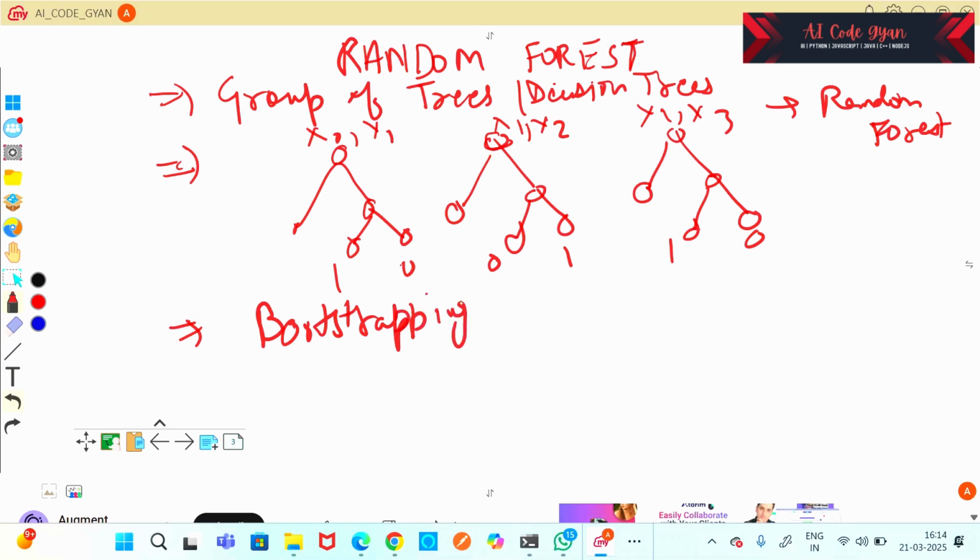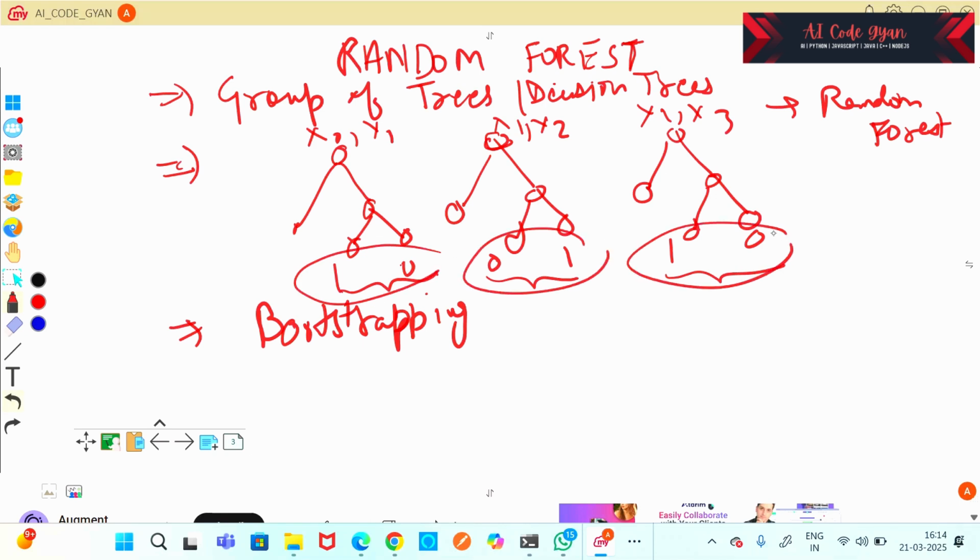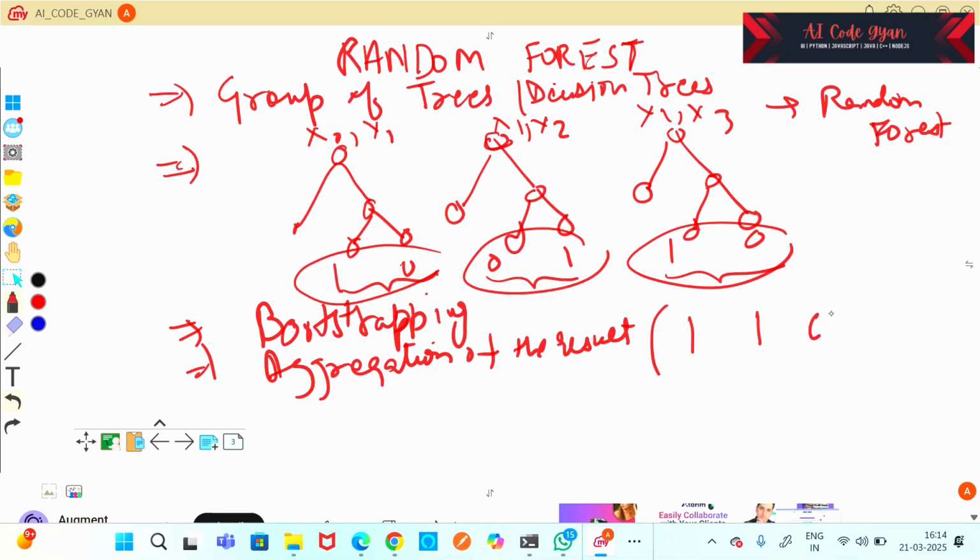And when we take the majority of these decisions, we take an aggregation of the results. Suppose we are getting results as 1, 1, 0, 1, then we take the aggregation of this, and the probability will be 1.